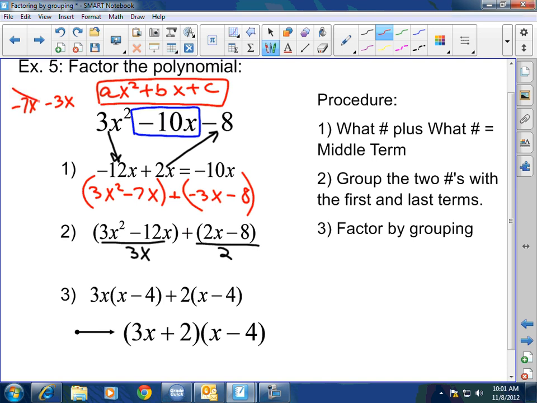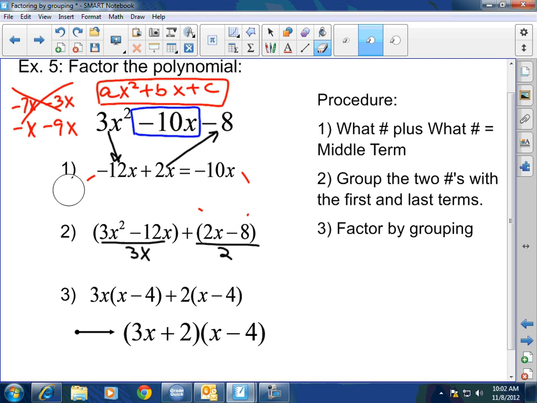No, that's why that doesn't work. Somebody said, oh, negative x and negative 9x. Okay. If this is negative x and this is negative 9x, are those ever going to look the same? No. So you have to find a combination, okay, that works.